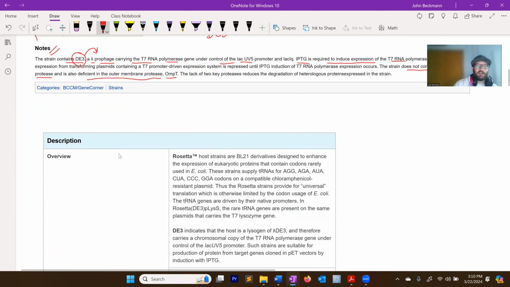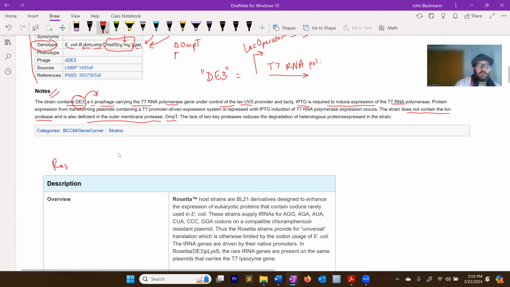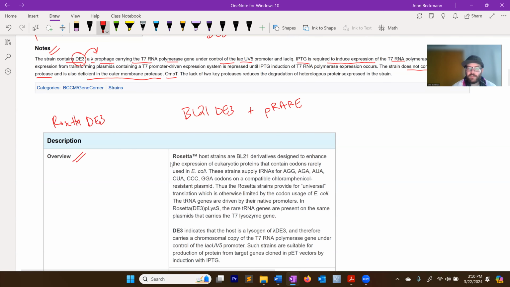Okay, the next strain, which was Rosetta DE3. So this is essentially just going to be the BL21 DE3 plus the pRARE plasmid that we discussed earlier. If you look at the actual notes right here, it talks about it.